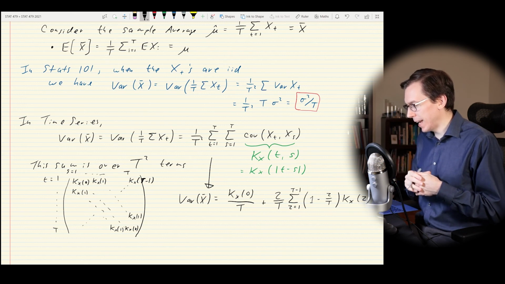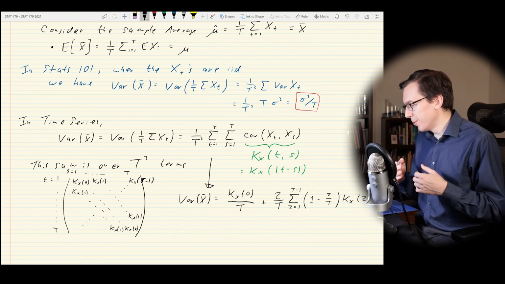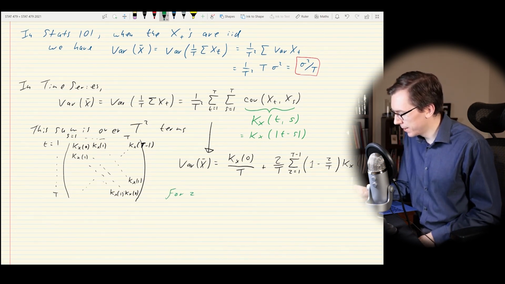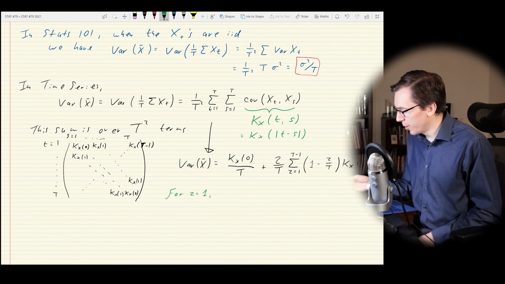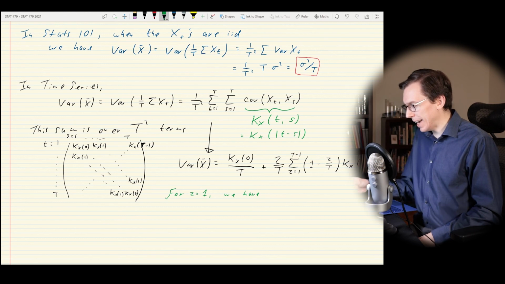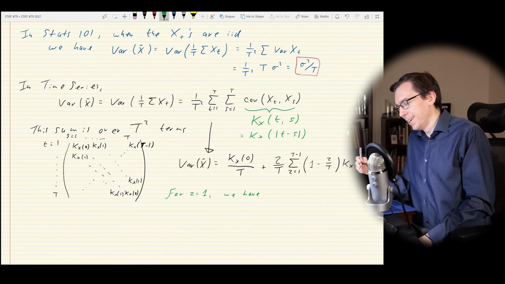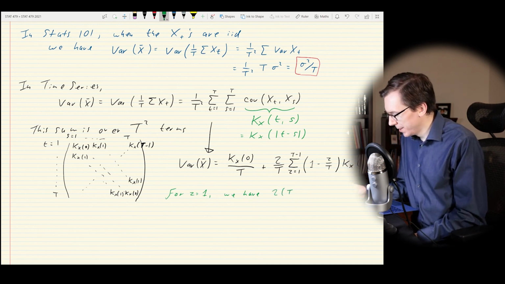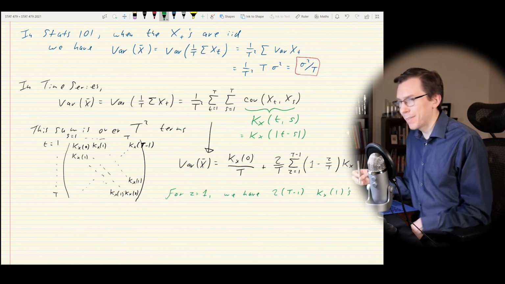So for example, if we look at z being 1, what happens? For z equal to 1, how many Kx1s do we have? We have 2 times T minus 1 Kx1s that we have to add together.